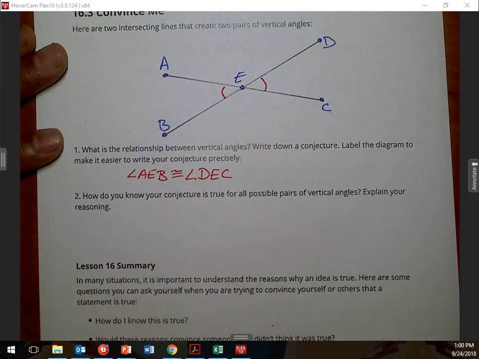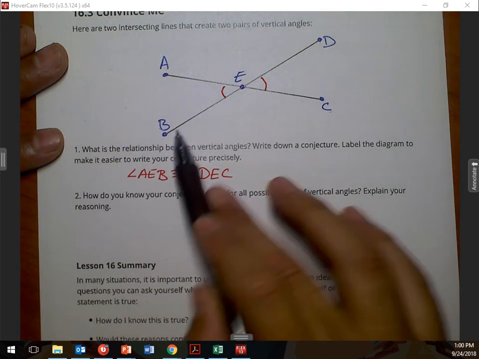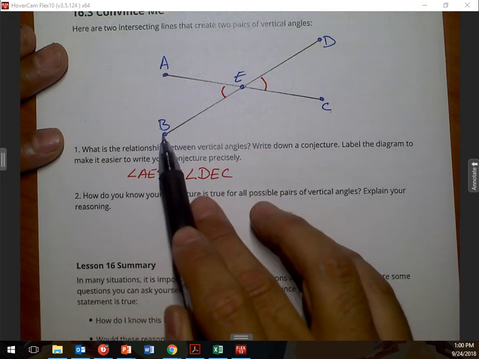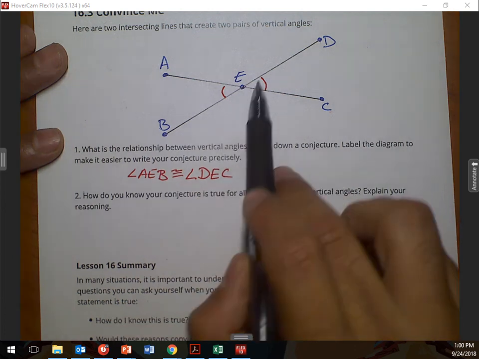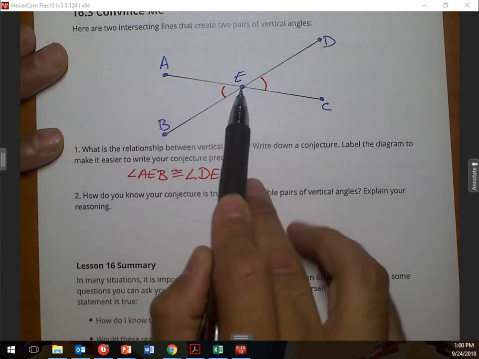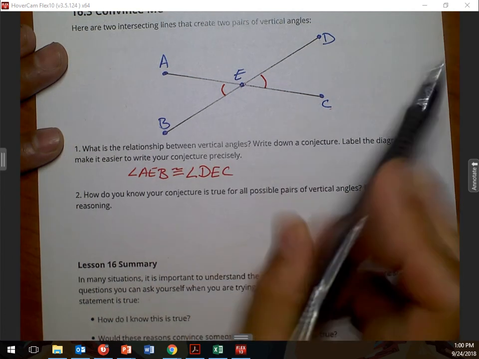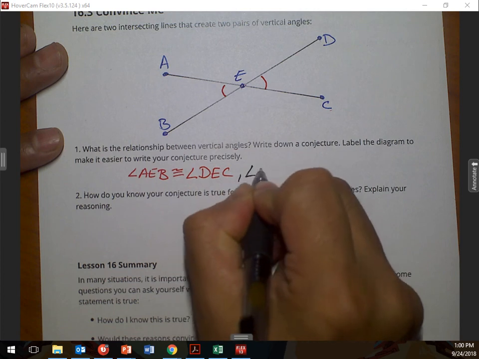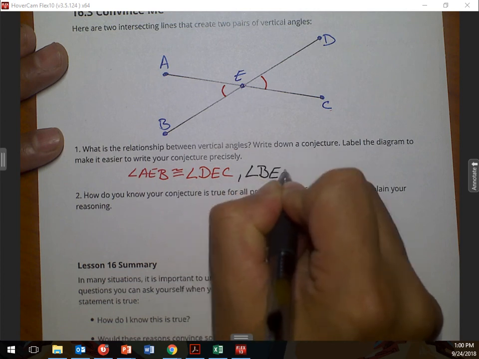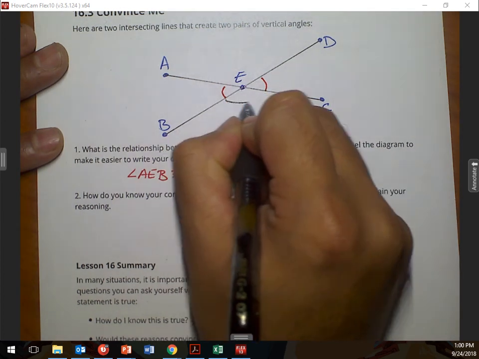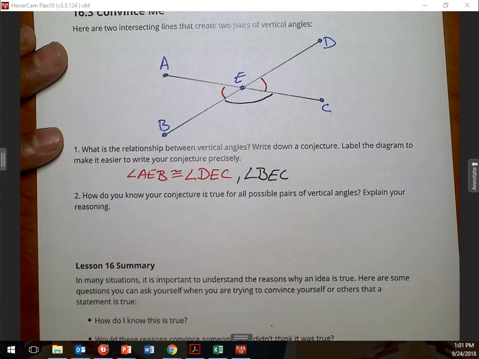Anything else? Yes. So B-E-C. Okay, so it's going to be angle BEC. So that's going to be this one. So now, do I put one mark in that one?